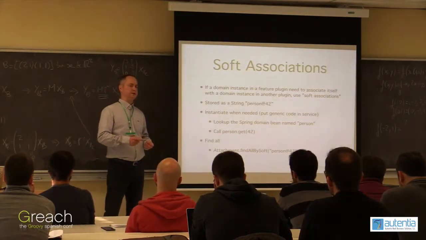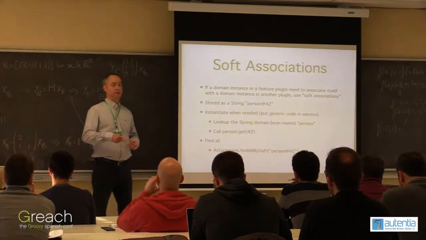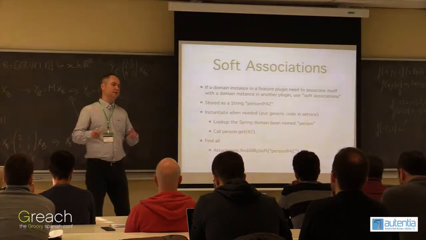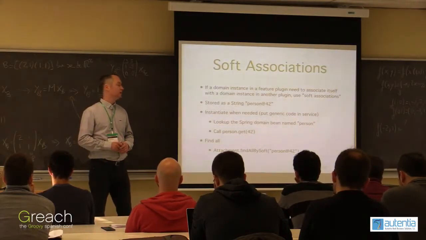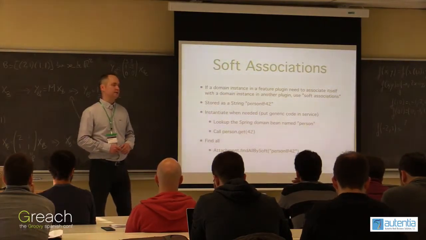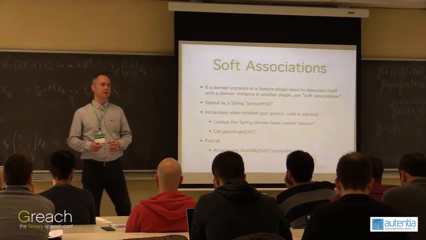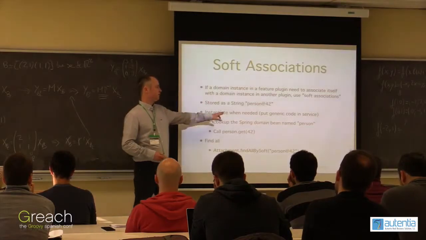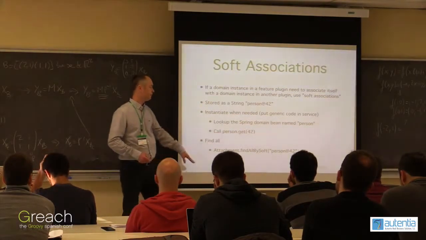Because if you want to attach the document to a project, then we must have an association with the project. So there's a lot of associations that we don't want. So instead we use the soft association in the document domain.